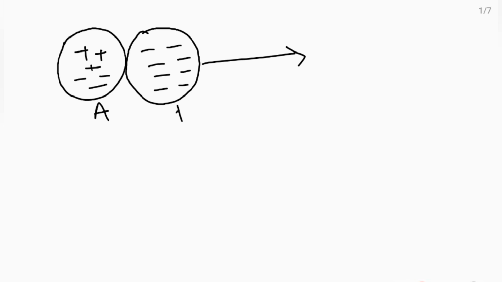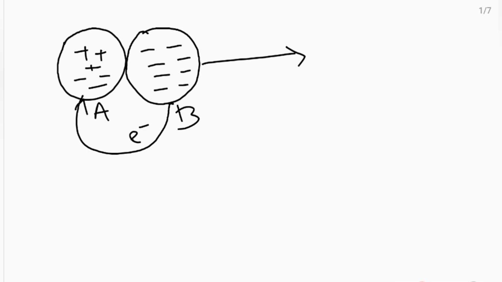When this neutral body gets in contact with another negatively charged body B, which has only negative charge, then what will happen after contacting? Electrons transfer from the negatively charged body to the neutral body.